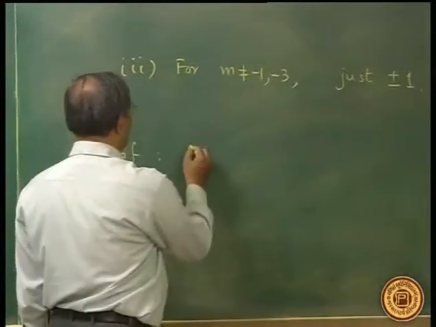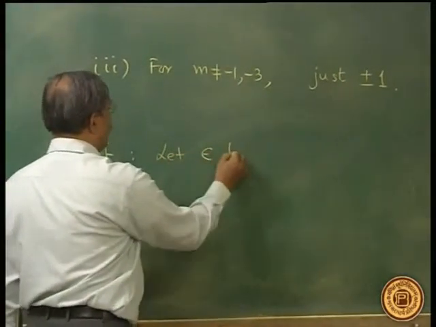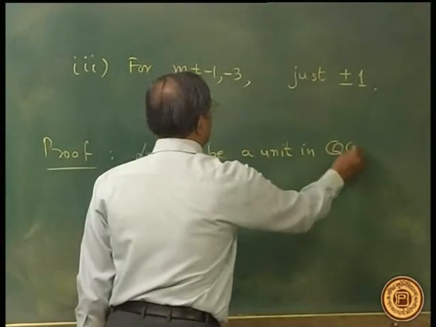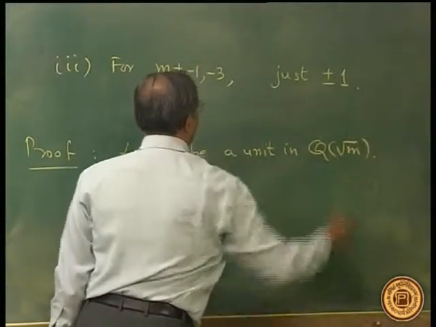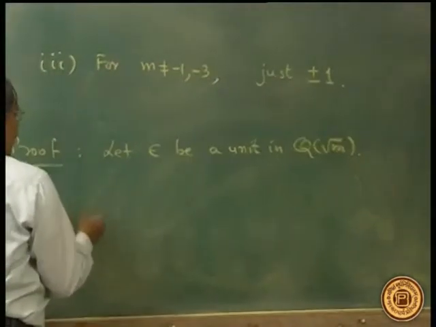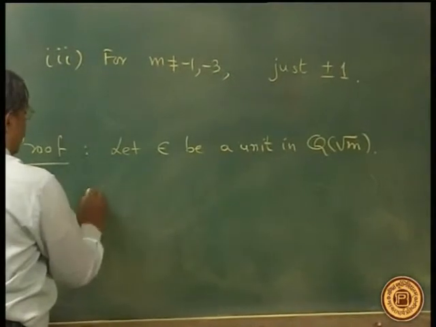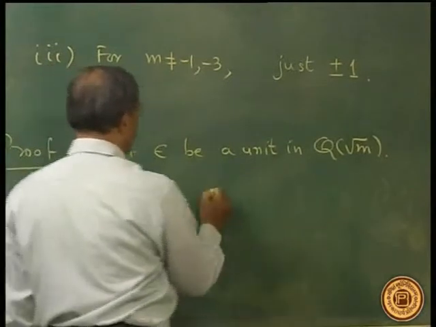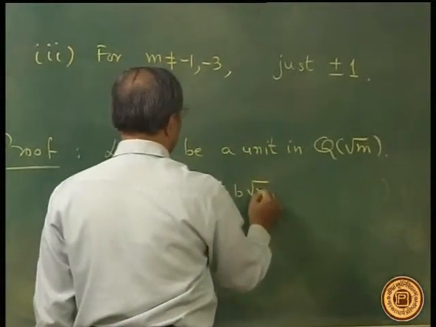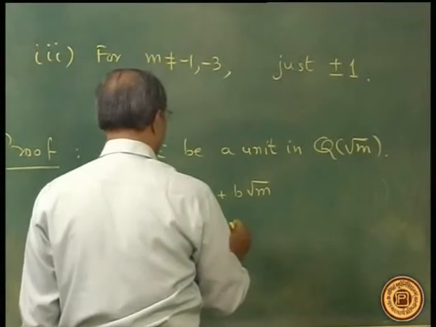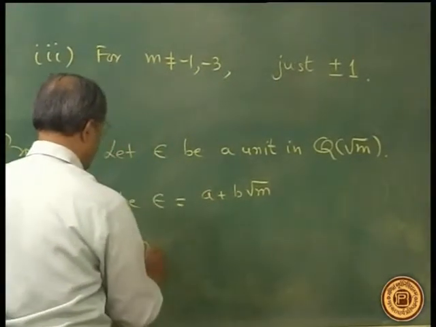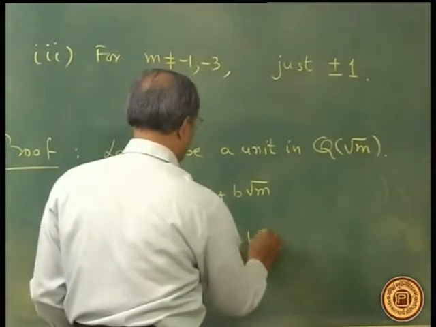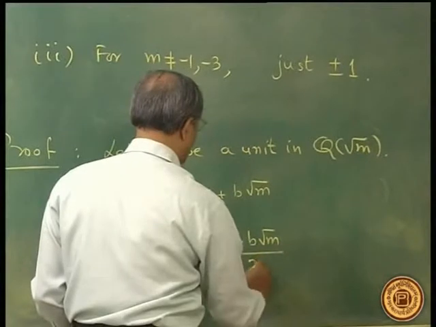let epsilon be a unit in Q(root m). Now what is the norm of epsilon? So take epsilon equal to a plus b root m, or (a plus b root m) by 2.